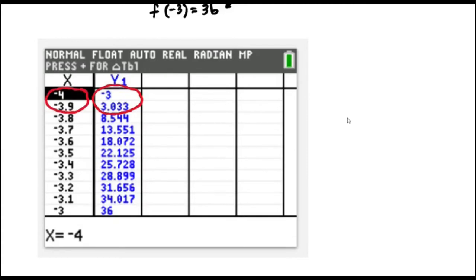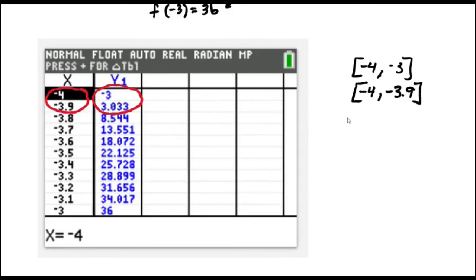So originally we have shown that the 0 is on the interval from -4 to -3, and now we've narrowed that down even more to say that that 0 must be between -4 and -3.9.